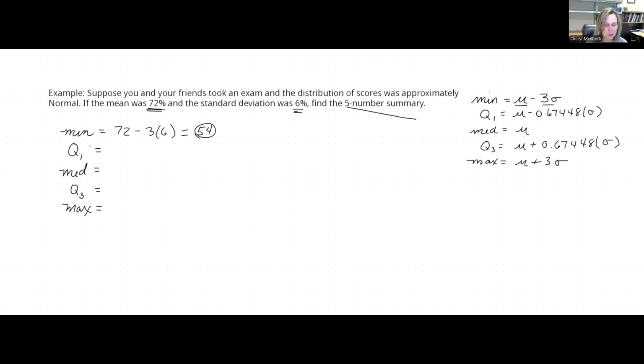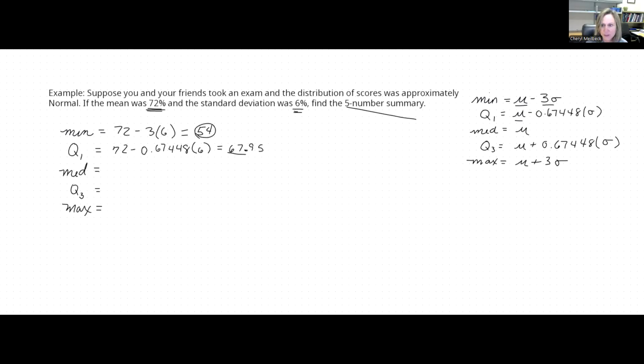To find our first quartile, or the 25th percentile, we take our mean here, and we subtract 0.67448 times the standard deviation. So it's going to be 72 minus 0.67448 times 6. Just let your calculator do the heavy lifting here. And what you're going to get is 67.95, meaning 25% of the data will lie below that because that's our first quartile.